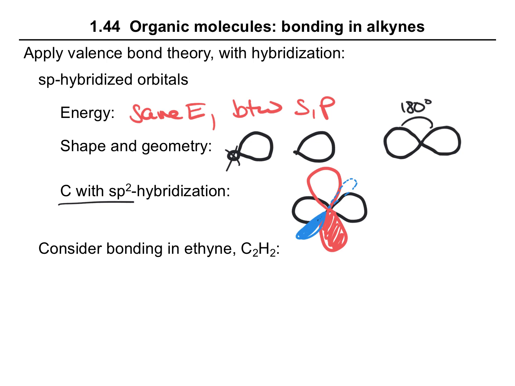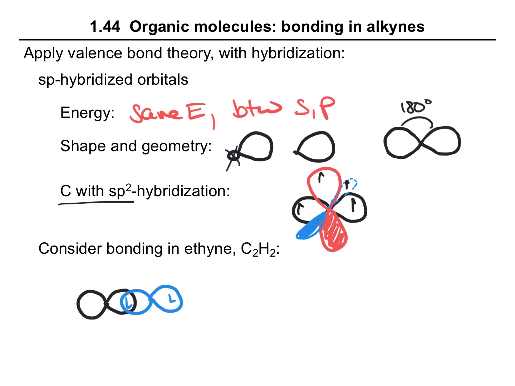And if you keep in mind the electron configuration, we would have 1 electron in this sp orbital, 1 electron in this sp orbital, 1 electron in this p orbital, and 1 electron in this p orbital. Now, how do we put this together to explain the bonding in ethyne or acetylene? So let's say this is our first carbon with an sp orbital and another sp orbital. And here is our second carbon with an sp orbital and another sp orbital.